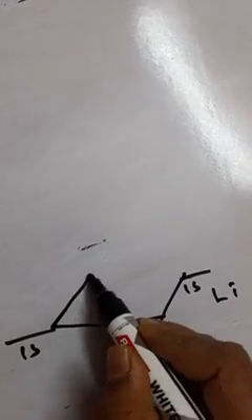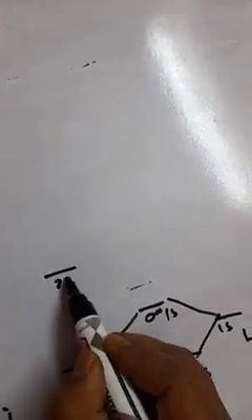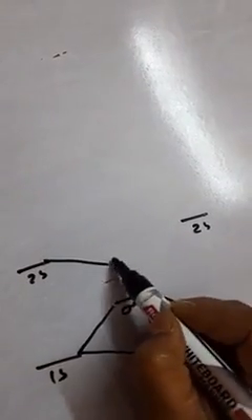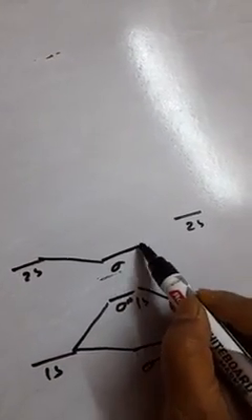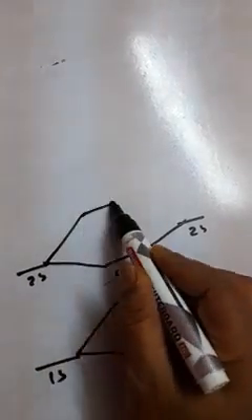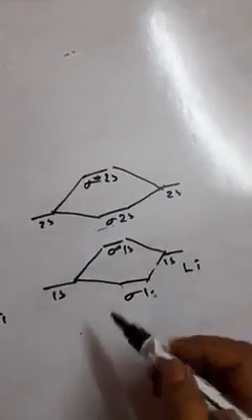It will form bonding and antibonding. This is sigma 1s, this is sigma star 1s. After that 2s is there, so it will also combine to form sigma 2s and sigma star 2s.